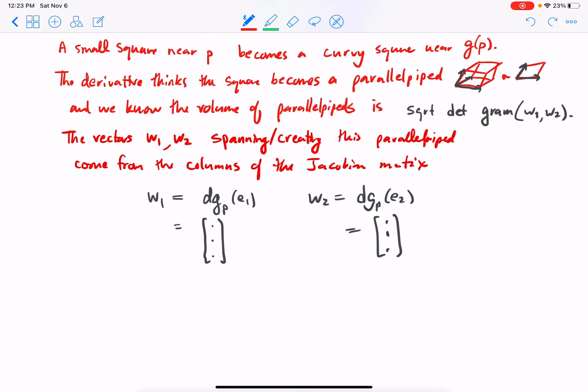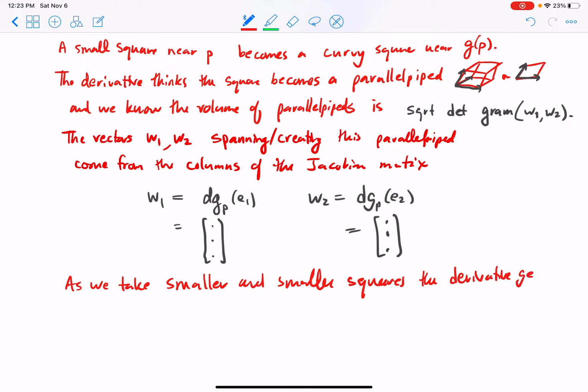So as we take smaller and smaller squares, the derivative gets better.